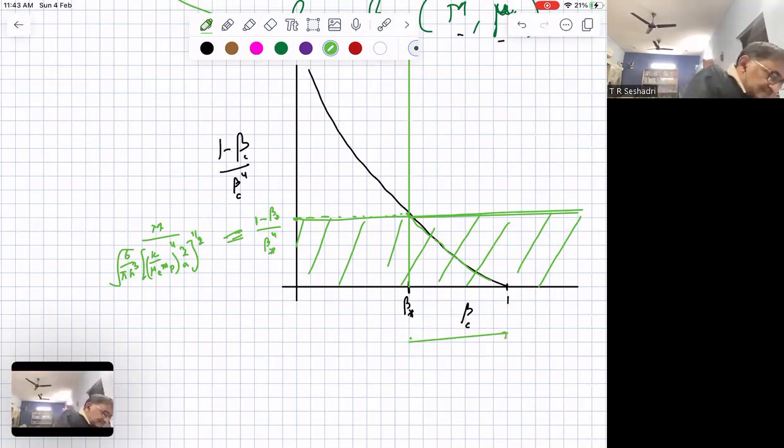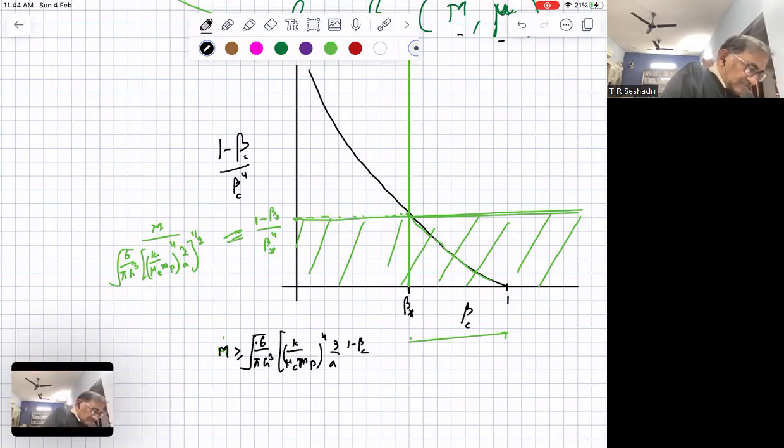So it means that M is greater than or equal to 6 by pi G cube square root whatever k by mu c mp to the 4 by 3, a 1 minus beta c by beta c to the 4, to the 1 half. This implies that beta c has to be greater than beta star.